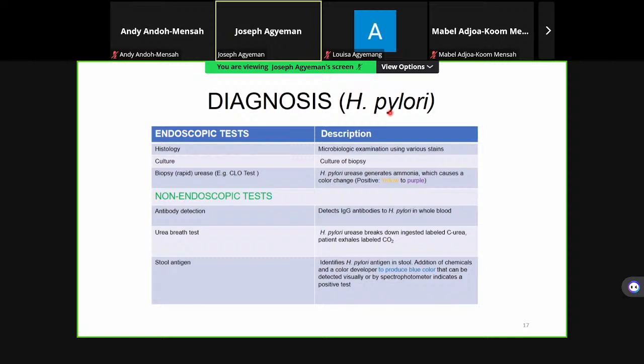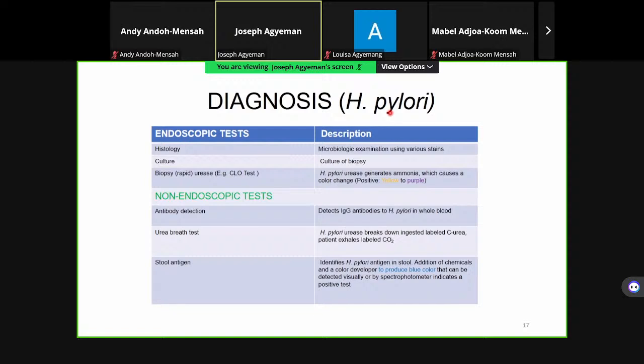Once we know the signs and symptoms, we can now even use them, as in either gastric or duodenal peptic ulcer, to differentiate. We have to zoom into proper diagnosis so that we're able to confirm the condition and treat accordingly.